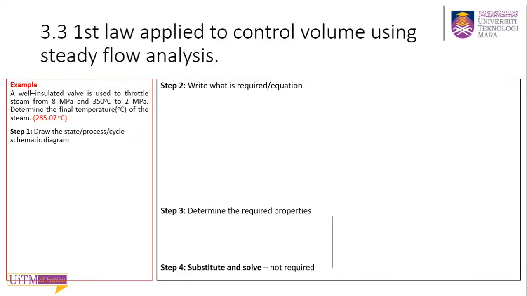Now let's look at an example for throttling devices. Feel free to pause to read and understand the question properly. Please try to draw the schematic diagram in step 1 and label the inlet as state 1 and exit as state 2. For step 2, since the substance is steam, which is a byproduct of water, we will use the property table to find the temperature at state 2 as mentioned in the question.